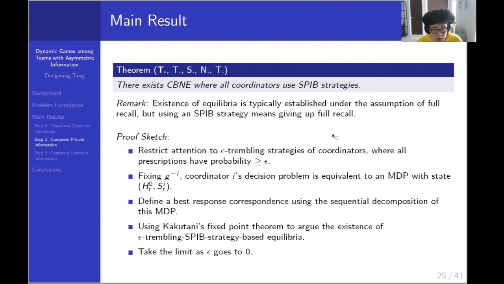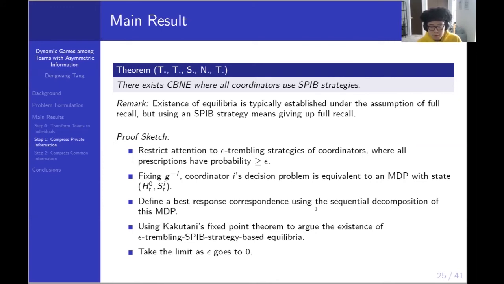So let me talk about the ideas on how this is proved. First, we restrict attention to epsilon trembling strategies of coordinators. This is for technical reasons. What are epsilon trembling strategies? They are strategies where all prescriptions have some probability of being realized, and this probability is at least epsilon.